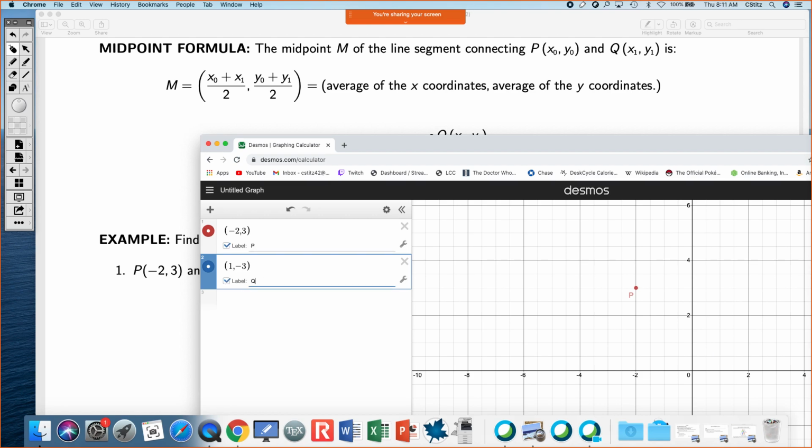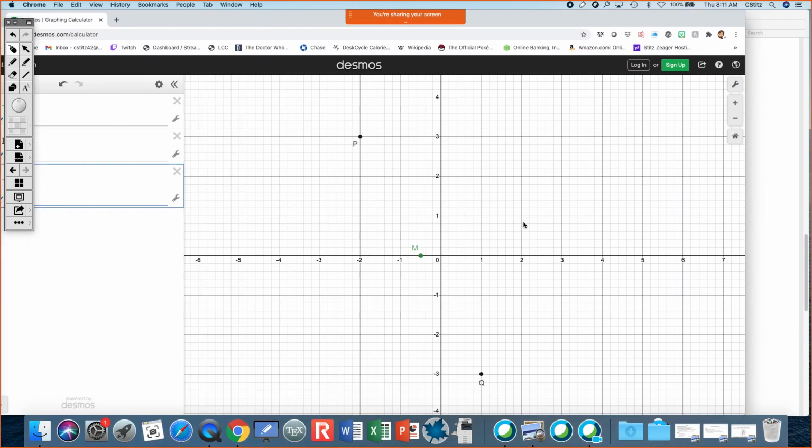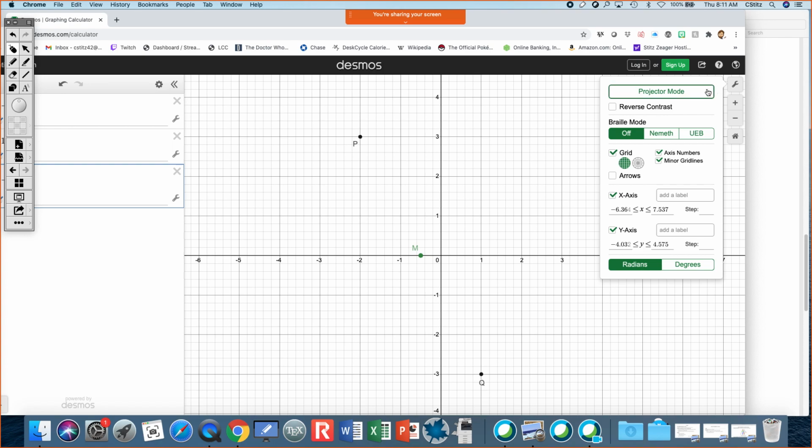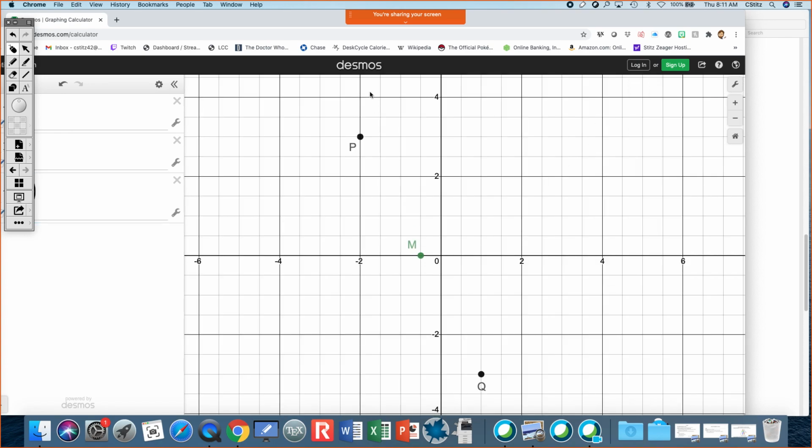Label that as Q. And then what did we get for the midpoint? Negative 1/2, comma 0. Label that as M. So yeah, that seems pretty legit. Okay, M looks like it's nestled halfway between P and Q.